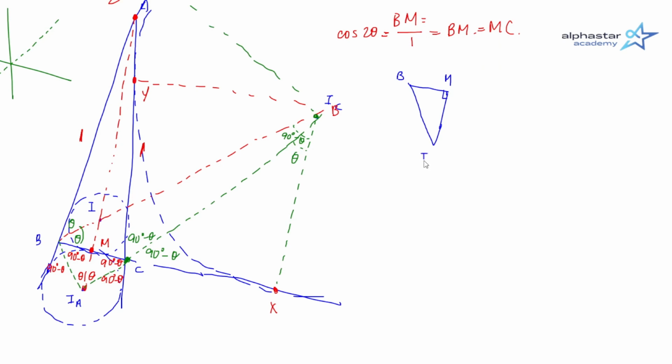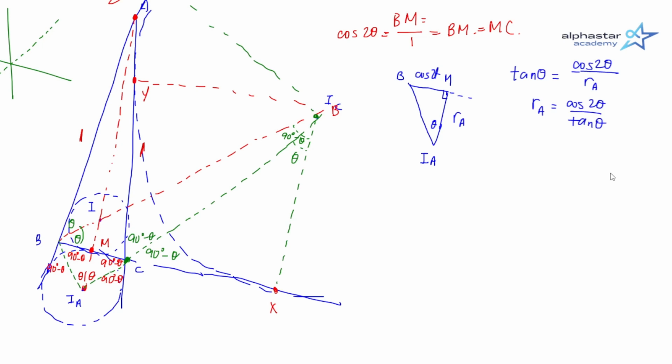So looking at this, what can we say about this length? Well, we know that this is R sub A here because it's the radius, and we already know that this is theta, and we know BM is cosine 2 theta. So we can actually just write tangent of theta, which relates to two sides that we know, or the two sides that we want, cosine 2 theta divided by R sub A. So we can just rewrite R sub A as cosine 2 theta over tangent theta.